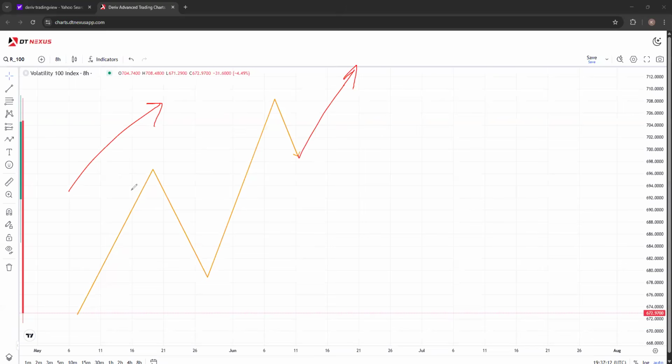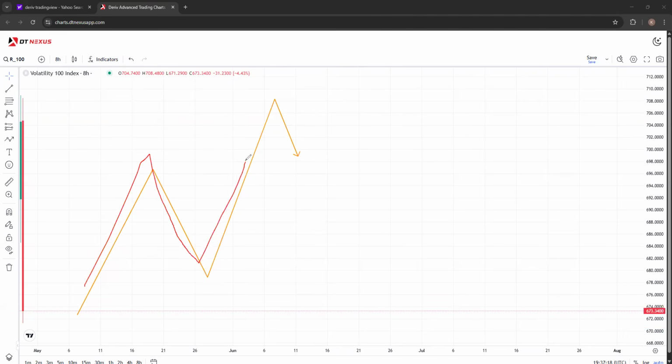Remember, we said we have what you call impulse and correction. As we have these impulses and corrections, what we need to put into mind is when we encounter a correction, this is where a trade retraces.